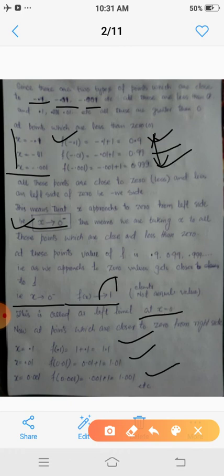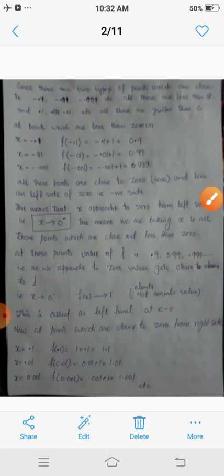So whenever we approach 0 from the right side, the values approach 1, because 1.1 in approximation we can write as 1, 1.01 we can write as 1, 1.001 can be written as 1. So whenever we approach 0 from the right side, the value of the function approaches 1.